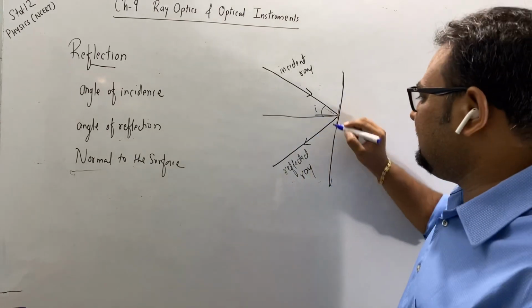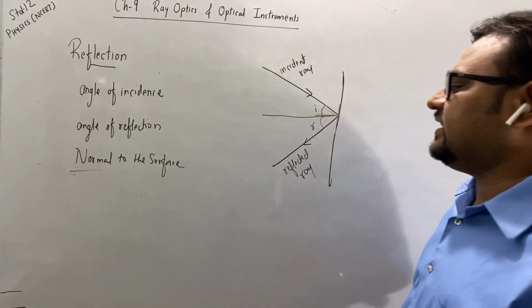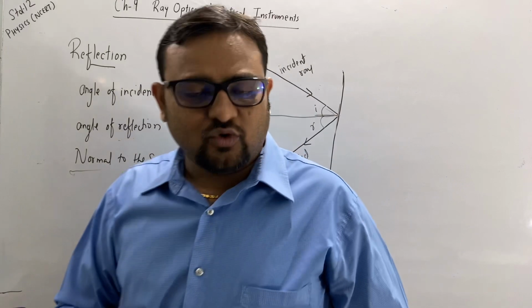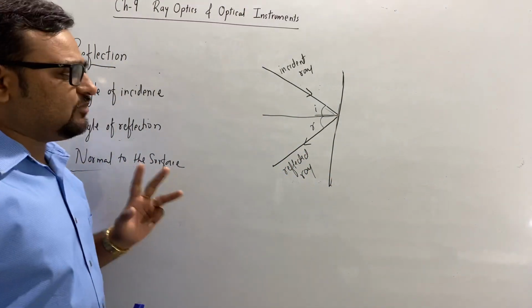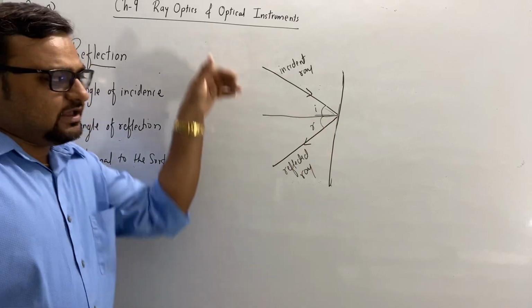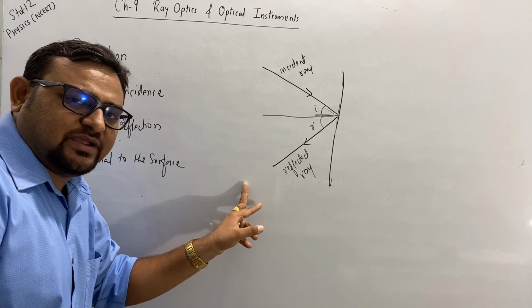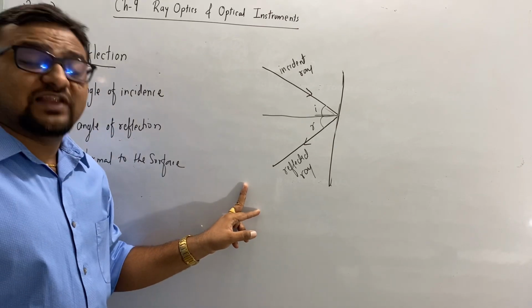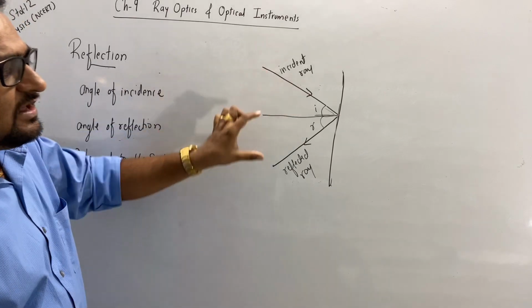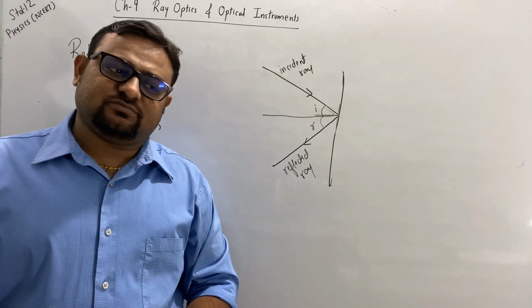The angle between the reflected ray and the normal is called the angle of reflection. So these are the three basic concepts you have to remember: angle of incidence, angle of reflection, and the normal. This is the incident ray, and the ray which comes back in the same medium is the reflected ray. The angle between incident ray and normal is the angle of incidence. The angle between reflected ray and normal is the angle of reflection.